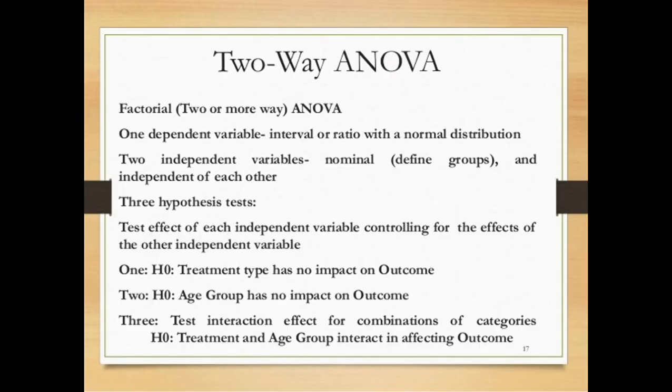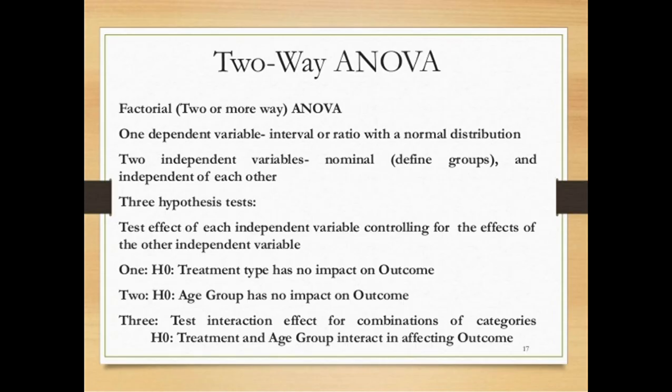Coming to two-way ANOVA, factorial, two or more way ANOVA: one dependent variable that is interval or ratio with a normal distribution, and two independent variables that are nominal, definite groups and independent of each other. There are three hypothesis tests, testing the effect of each independent variable controlling for the effects of the other independent variable. One: H0, treatment type has no impact on outcome.